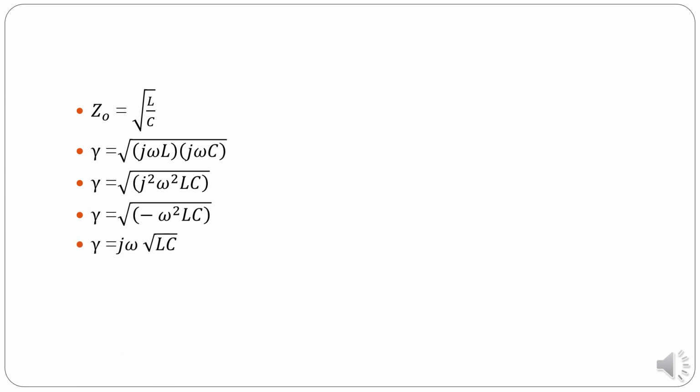So you will get gamma equal to J omega root LC, that is alpha plus J beta. So alpha is 0 and beta is equal to omega root LC. So this is the condition for a distortionless line.